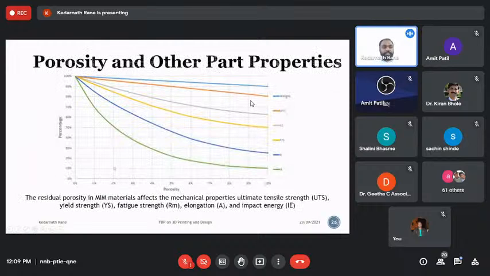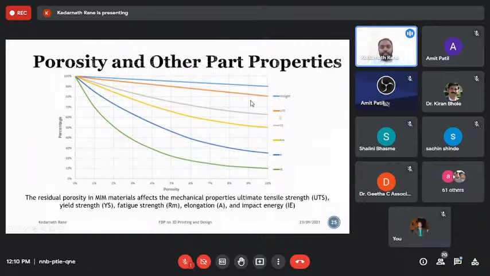Again, porosity is the inverse of density, right? So we are considering in this plot porosity on the x-axis, and in percentage, the different characteristics of the parts. If you increase the porosity level, your weight is going to reduce. It is the physical characteristic.